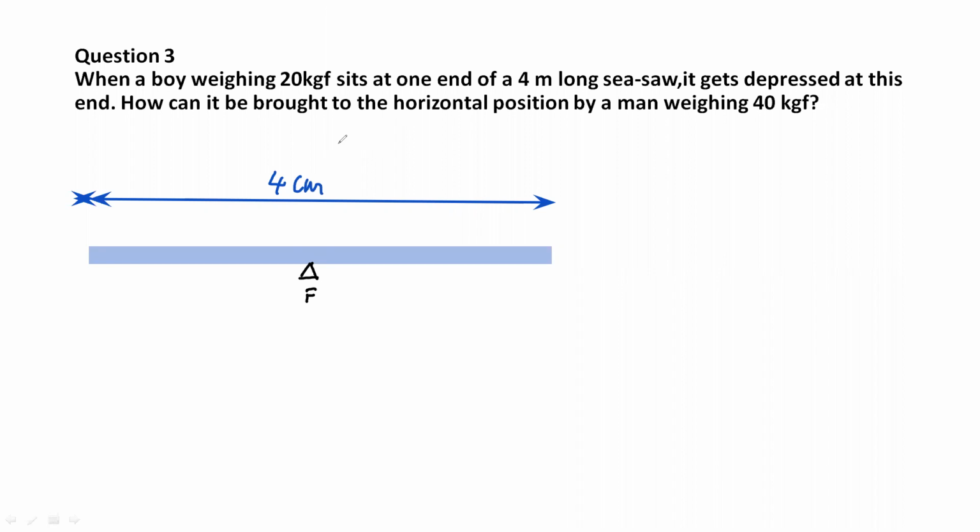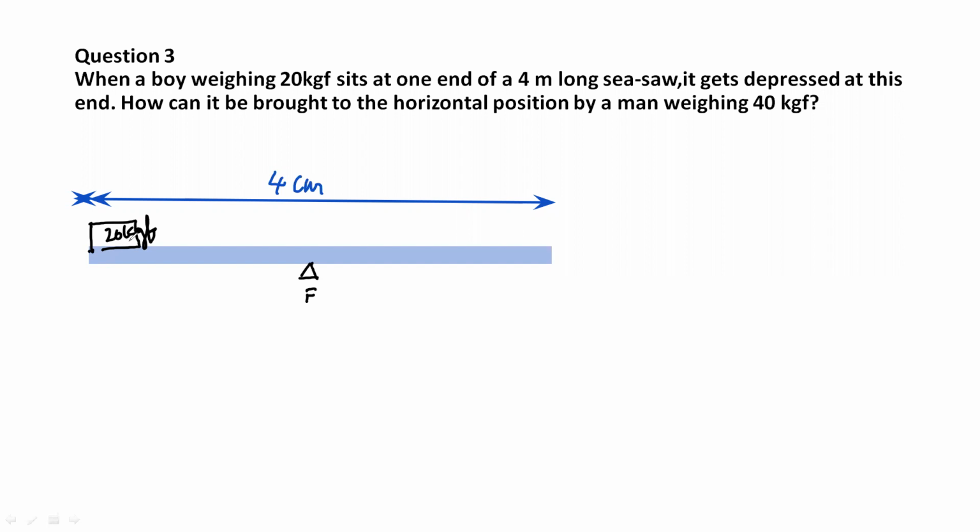When a boy weighing 20 kgf sits at one end of a 4 meter long seesaw, so at one end a boy is sitting weighing 20 kgf, let it be this end. It gets depressed at this end, so obviously. But the question is, how can it be brought to the horizontal position by a man weighing 40 kgf?